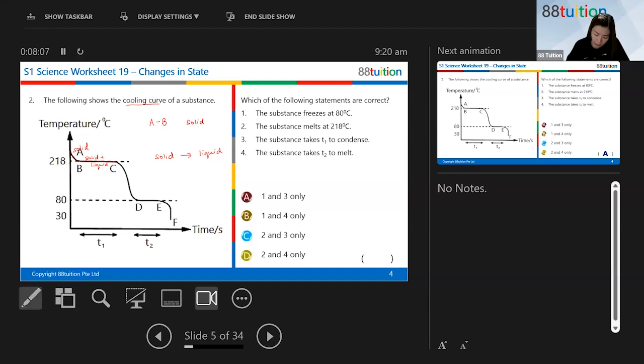Okay, so try again. What is the state of the substance at AB? Yes, Bernie, you can go. A gas. Okay, so now you think that it's a gas. So let's try.